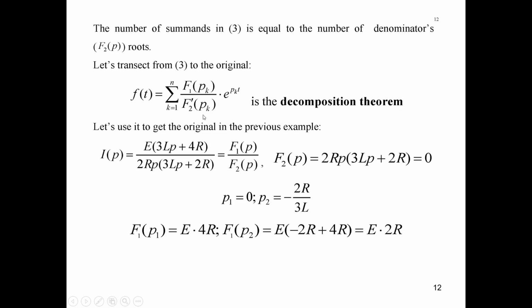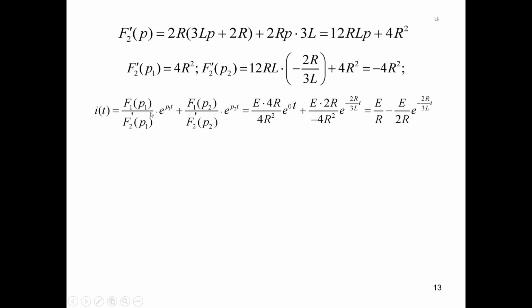It is just writing down this expression, for k from 1 to n, where n equals 2. So we have only two summands from this sum, written for when we substitute the first root and then the second root.